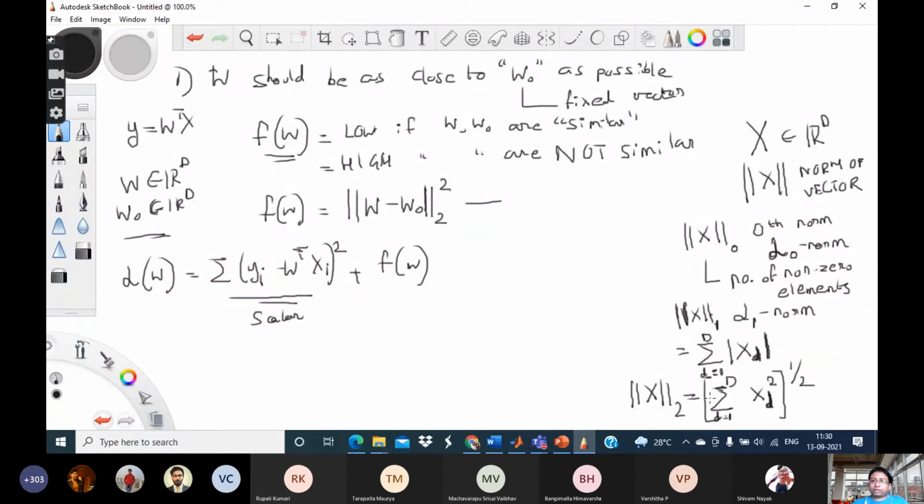Okay, so this is the L2 norm. In general, let p be any number. Then I can define the Lp norm as follows.